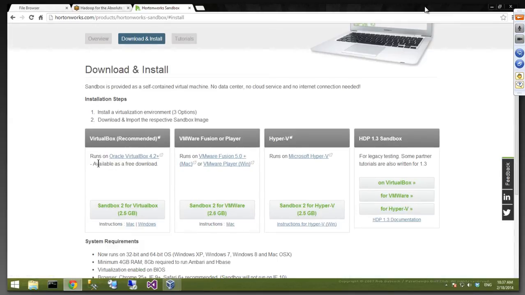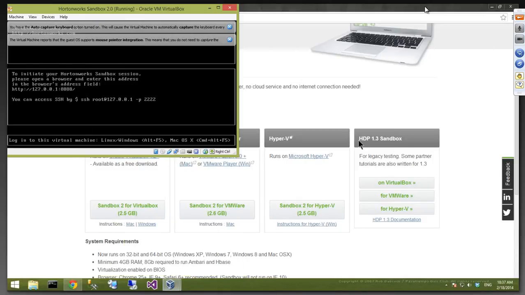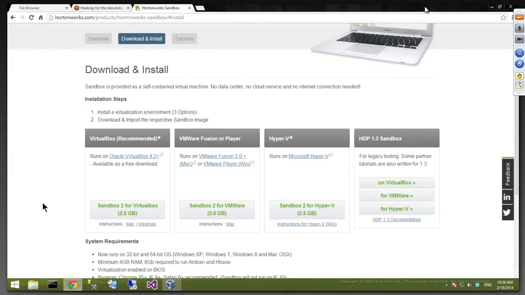Like I'm using Oracle VirtualBox just because it's free, but you can use VMware Fusion, like if you're running a Mac, or you can use Hyper-V. Whatever you decide to use, they've got the image for you. You just launch the image, give it enough RAM, and as soon as you launch it, it says, hey, go to 127.0.0.1:8888, and then you'll get to your Hue.